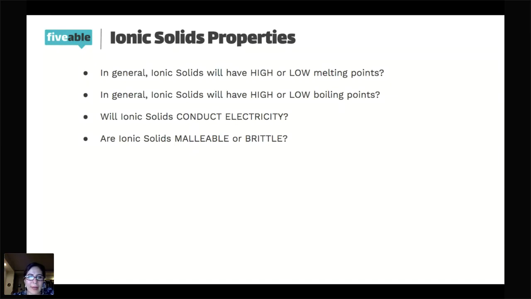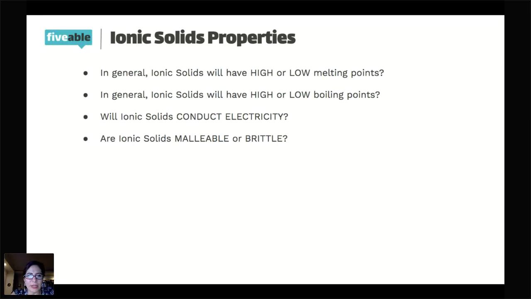We will have high melting points because, remember, they want to be together. Their lattice energy is usually very, very high. So the melting point will be regularly high. What about the boiling points? High or low? Exactly, the same. They will have high melting and high boiling points.